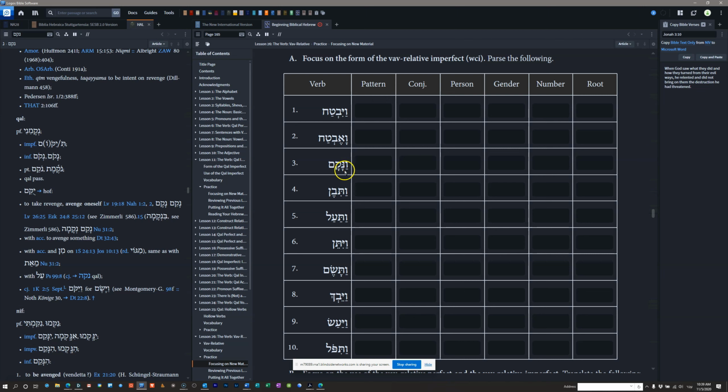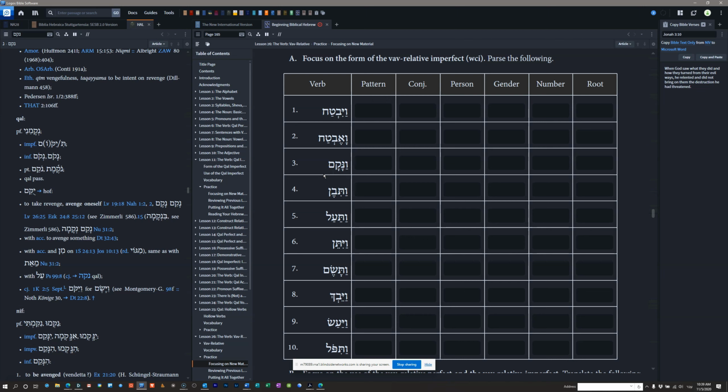The explanation for that would be, if you remember, when the vav relative gets attached to an imperfect, it pulls the accent toward the front, which would mean that I now have a closed, unaccented syllable. And in Hebrew, a closed, unaccented syllable wants a long vowel, or what Futato calls a medium vowel. So that would make sense.